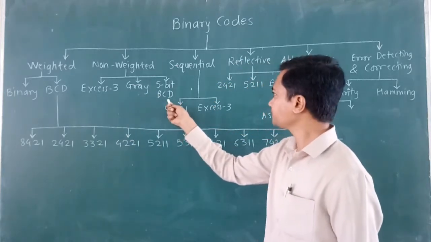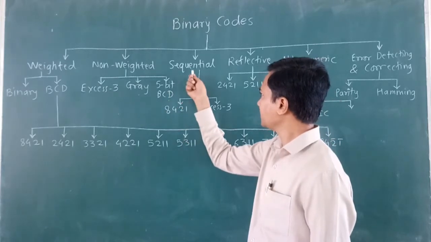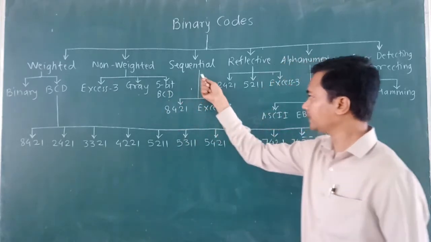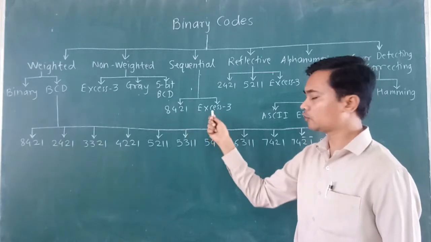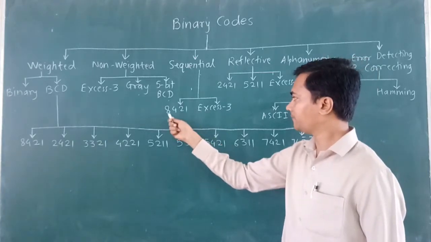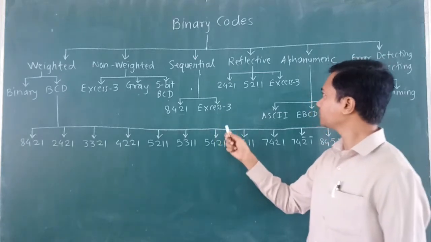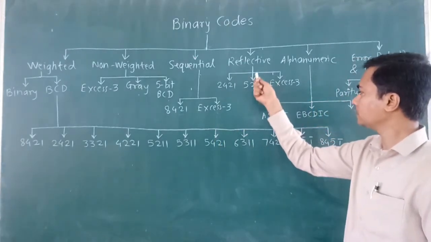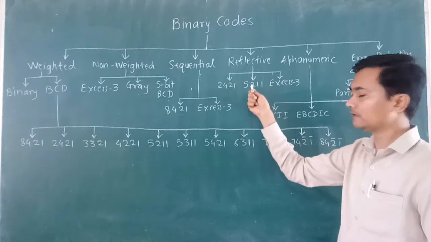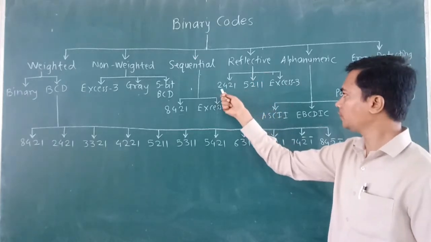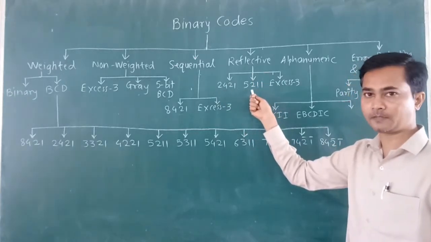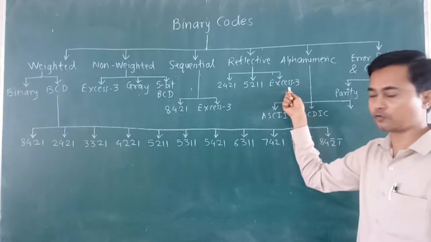Next is sequential code. Sequential code has two subtypes: 8421 code and XS3 code. Next is reflective code. Reflective code has three subtypes: 2421 code, 5211 code, and XS3 code.